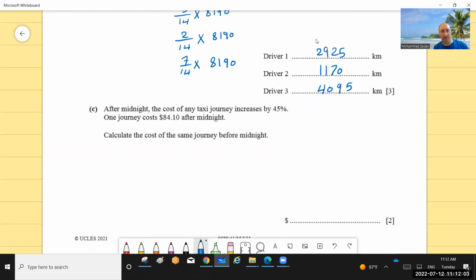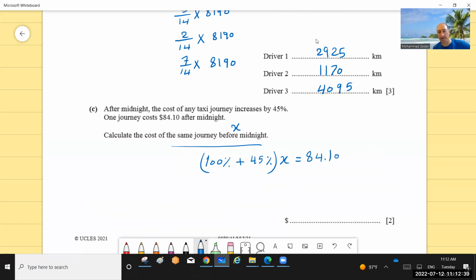After midnight, the cost of any taxi journey increases by 45%. One journey costs $84.1 after midnight. Calculate the cost of the same journey before midnight. Here I consider the cost I'm asking about to be x. Its original price is 100% before midnight, which will be increased by 45%.